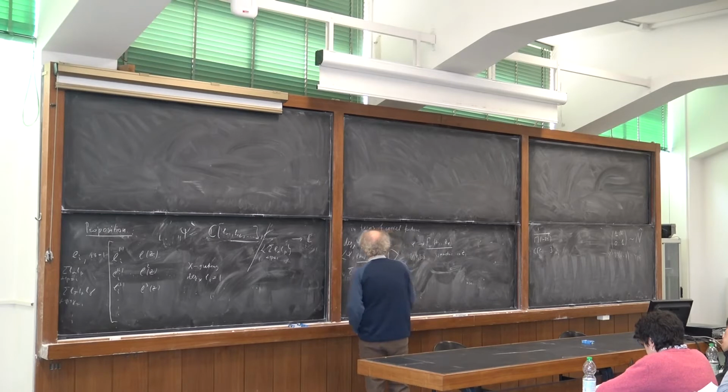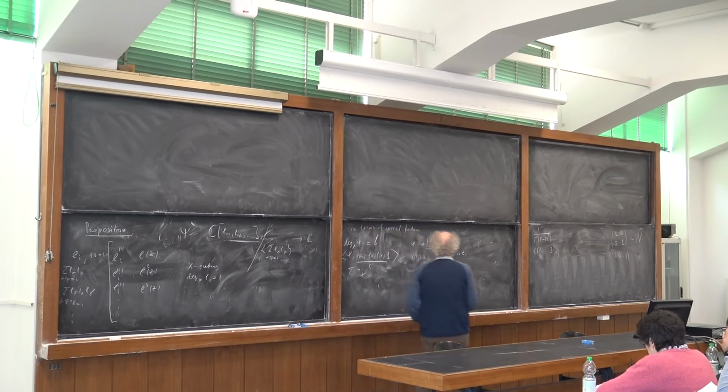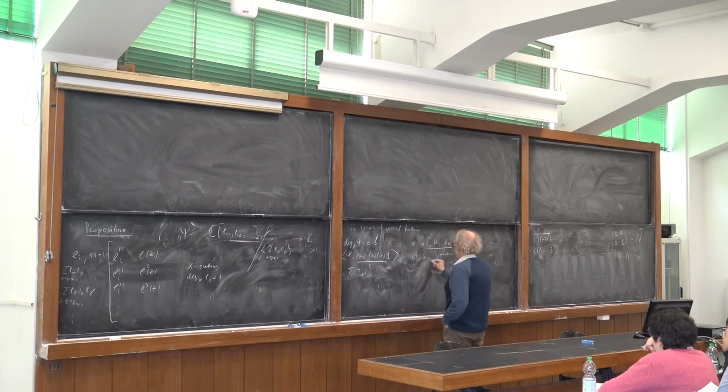The important thing is that it is a finite sum. From this we can deduce that f is a polynomial.